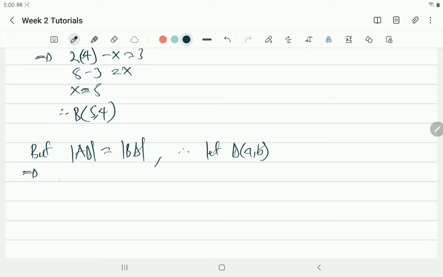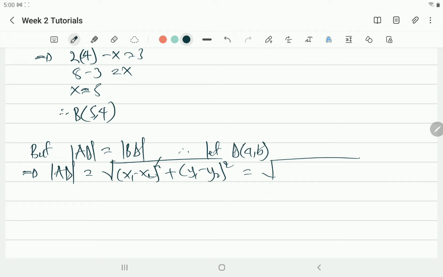Then that will imply that the length of AD, which we have the formula as the difference in x coordinate squared and the difference in y coordinate squared, is going to be the square root of. So we have A already. Remember, we have A also given to us as (1, 2). So I'm just doing the substitution with this. So we have 1 minus a squared plus b minus 2 squared, right?